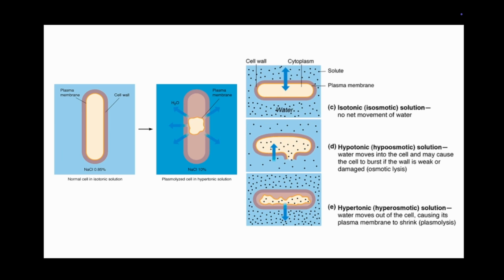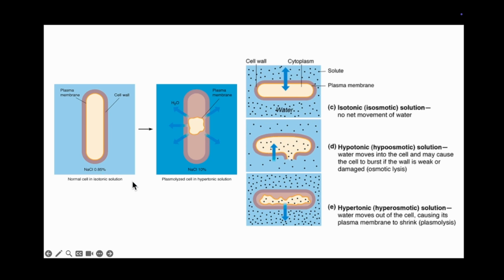But for bacteria, with its cell wall, it's not a problem. It's only if you're working with eukaryotic cells without a cell wall. But what you need to know is this value, sodium chloride 0.85%. That is the isotonic solution.